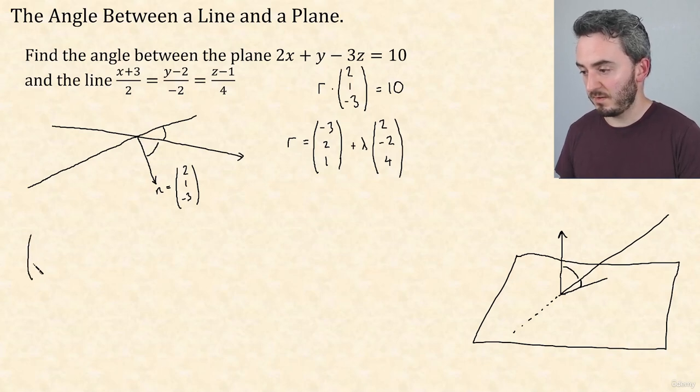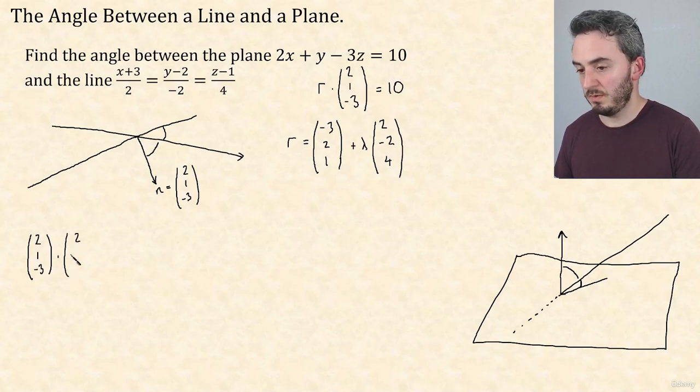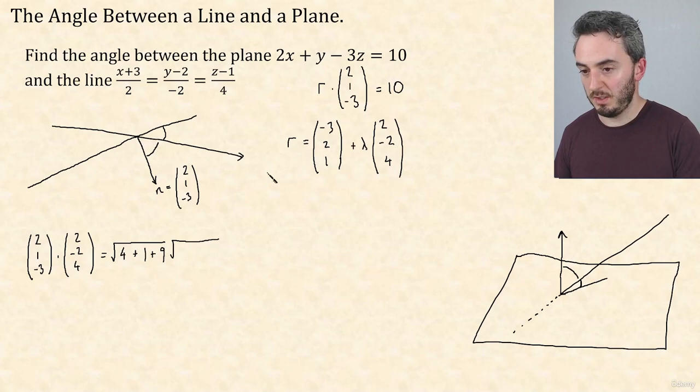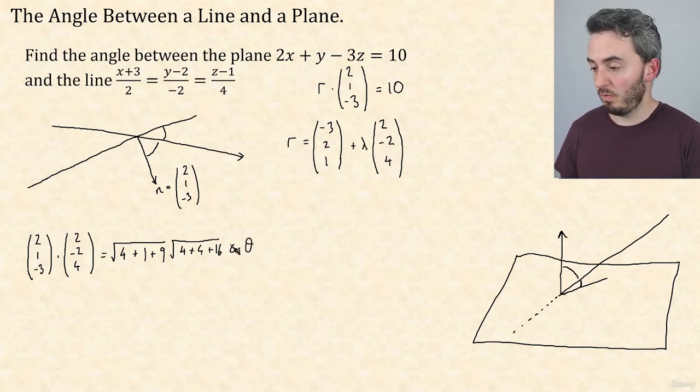So we use the fact that (2, 1, minus 3) dotted with (2, minus 2, 4) must be equal to the modulus of (2, 1, minus 3), which is the square root of 4 plus 1 plus 9, multiplied by the modulus of this, which is the square root of 4 plus 16, multiplied by cos of the angle between them.